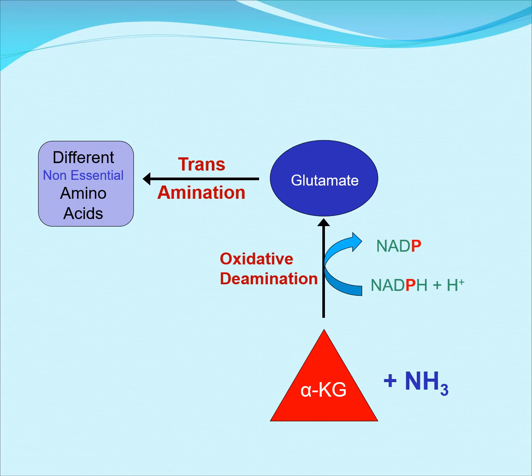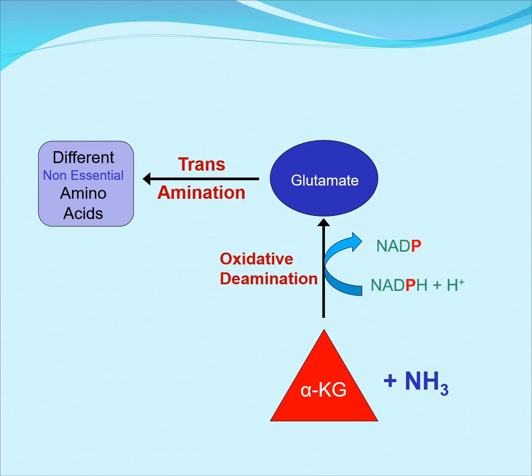Of course, these amino acids are non-essential. We cannot synthesize essential amino acids. So this is the anabolic pathway. This is the pathway that occurs when we require the synthesis of different amino acids, while the previous was the catabolic pathway.